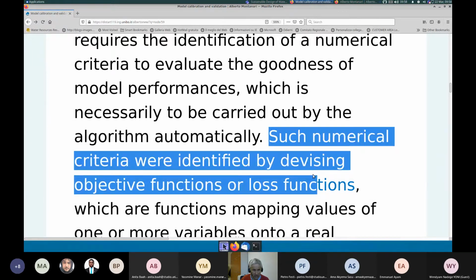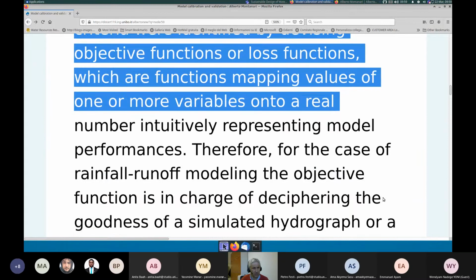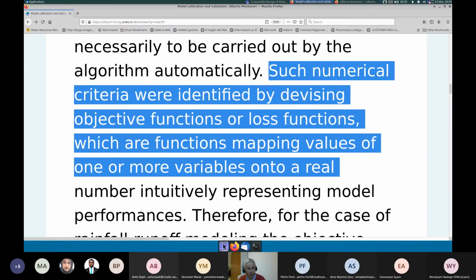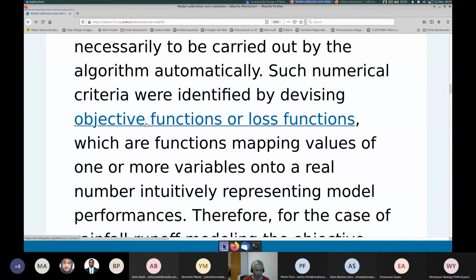Such numerical criteria were identified by devising objective functions or loss functions, which are functions mapping values of one or more variables into a real number, intuitively representing model performances. This is what I want to discuss now with you. So, a numerical criterion that is obtained through an objective function. What is an objective function?